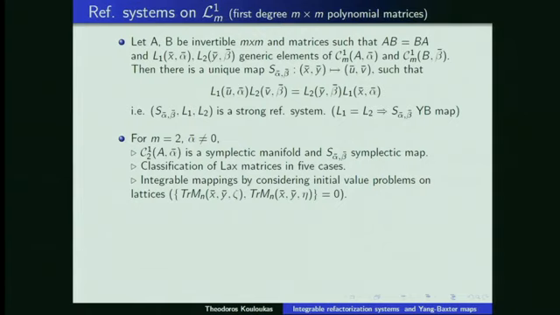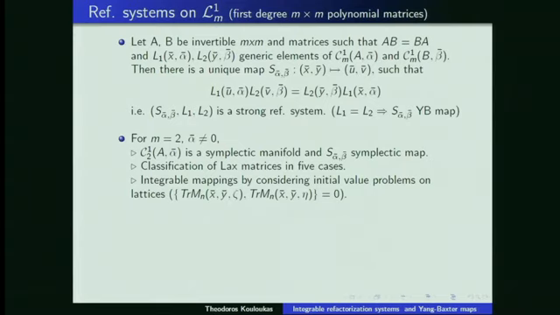As you see here, beginning with m equal to 2, we have first degree 2 by 2 polynomial matrices, linear polynomial matrices. Then this map that we derive in this way is a symplectic map with respect to the Sklyanin bracket, the reduced Sklyanin bracket on the symplectic leaf.